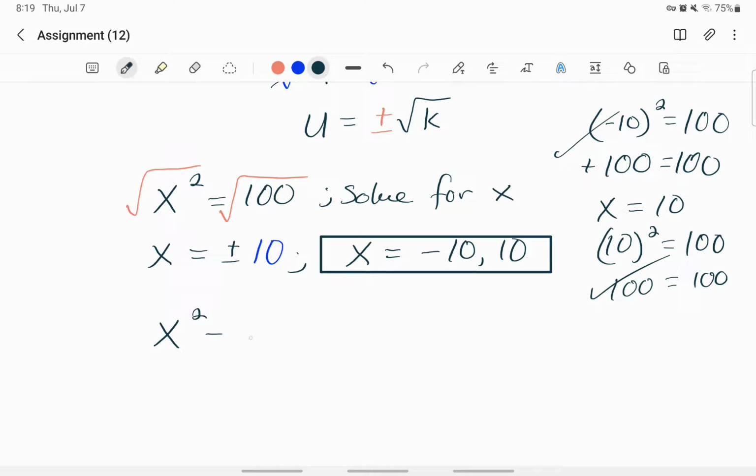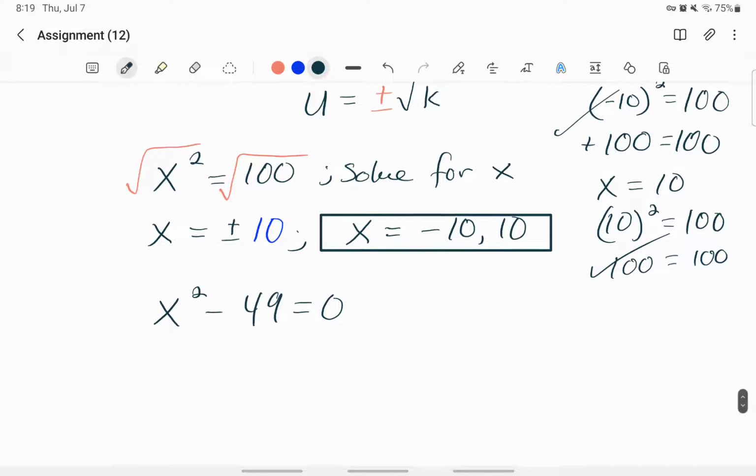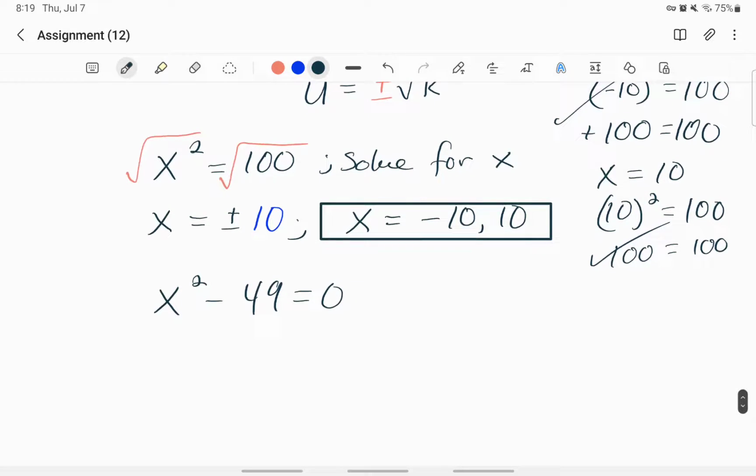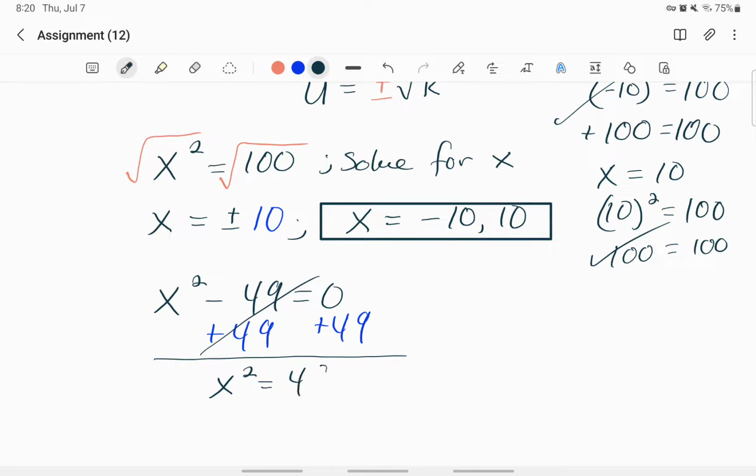x squared minus 49 equals 0. There are two ways I can solve this, but the way that I'm going to solve it first is by using the square root property, by adding 49 to both sides. So x squared equals 49.